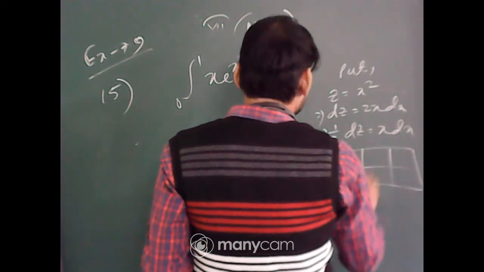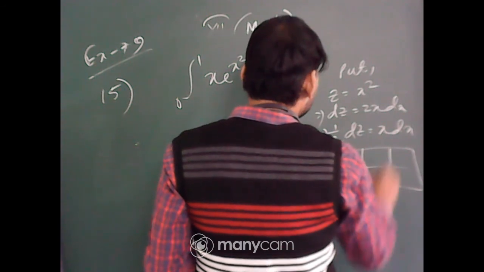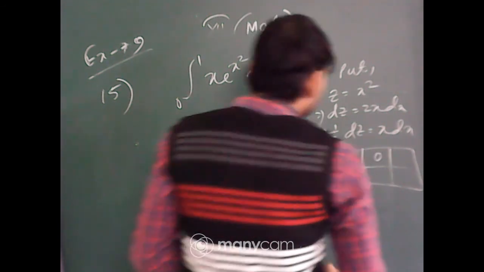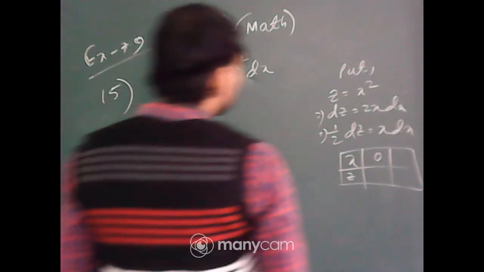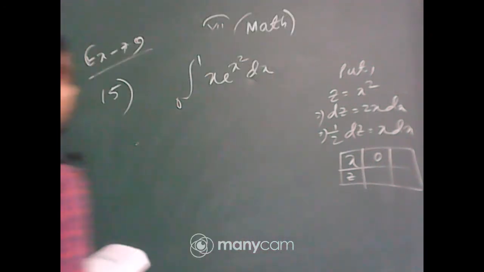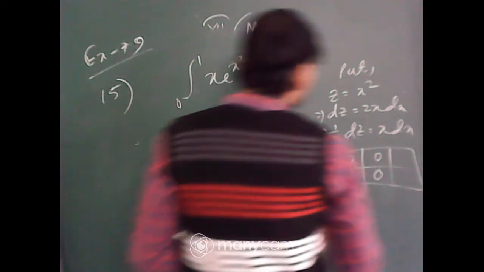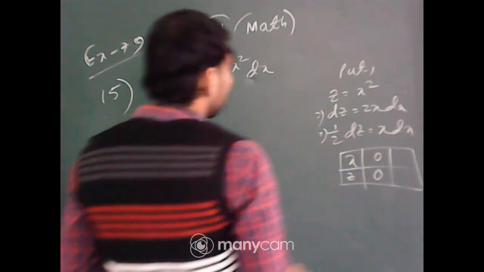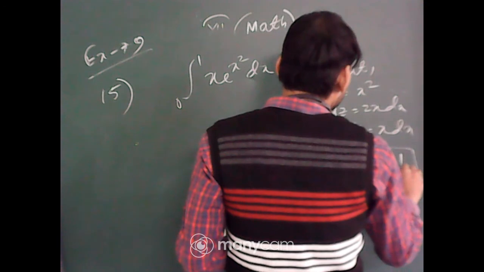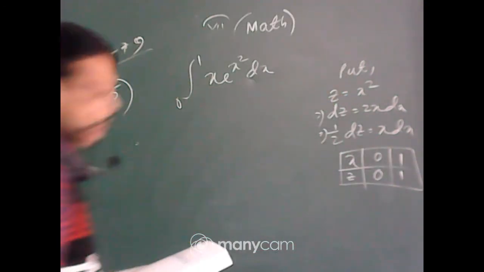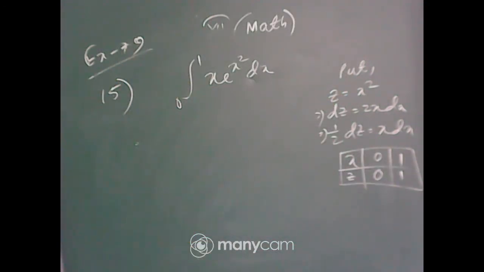Whenever x equals to 0, z equals to 0. Whenever x equals to 1, z equals to 1. The limit will remain unchanged. Isn't it? For question number 15.